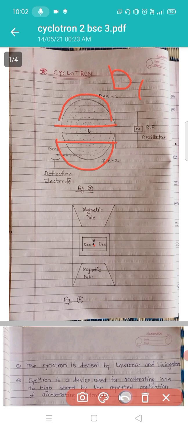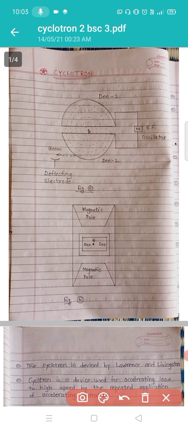Then what is the principle of the cyclotron? We have to know the principle of the cyclotron and its working. Okay, the principle of the cyclotron is that the RF oscillator is adjusted in such a way that when a positively charged ion, after completing a semicircular path, comes in the gap between the two Ds, the potential of the opposite D becomes negative.